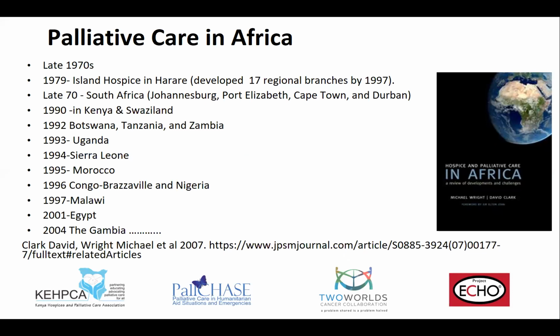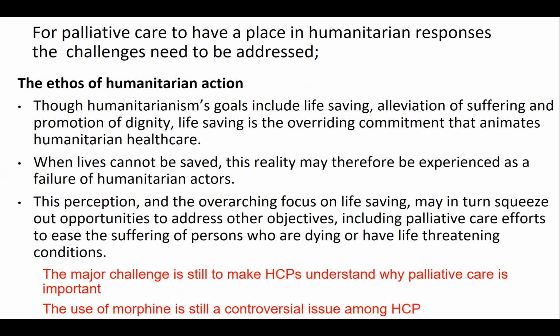This is not an exhaustive list, but we've seen a lot of improvement in terms of palliative care in Africa. There's a lot of interest, a lot of goodwill from our governments, the public, the healthcare providers, but we don't have enough funds and we don't have enough human resources to make sure that palliative care is fully integrated into our healthcare system. So we need to work on that as well. Even though we have these services, we do not have enough human resources.